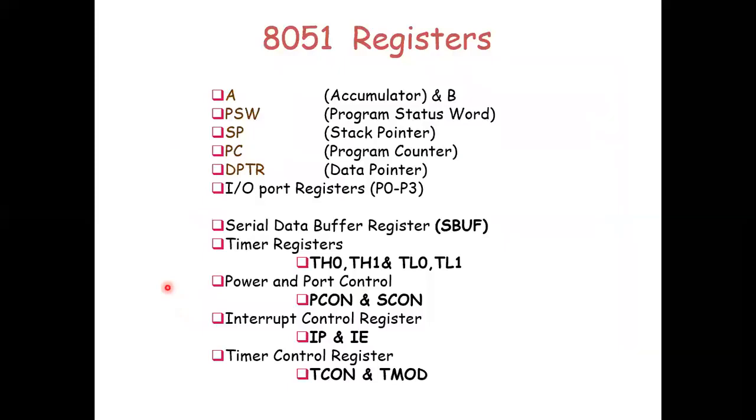The 8051 registers are the accumulator and B register, the program status word PSW, SP stack pointer, PC program counter, DPTR data pointer, and input output registers P0 to P3. Otherwise we have the serial data buffer register, timing register, power and port control, interrupt control register, and timer control register.